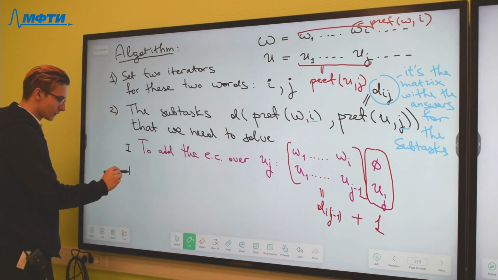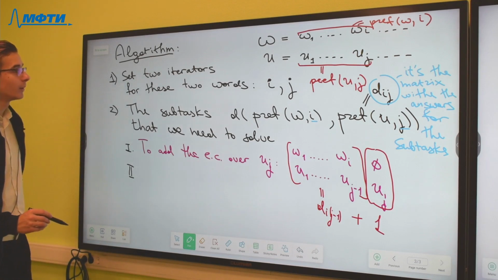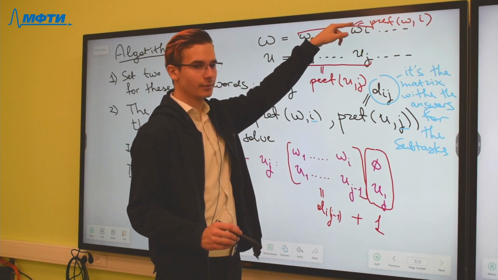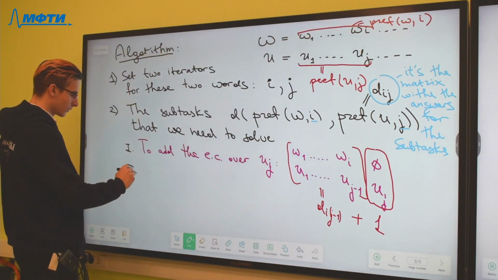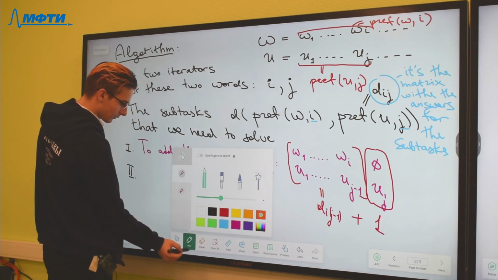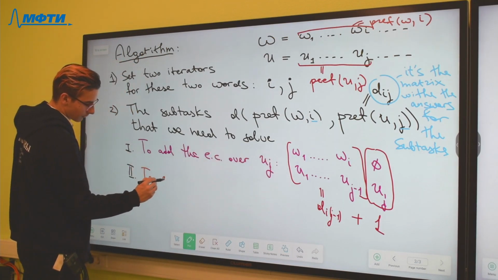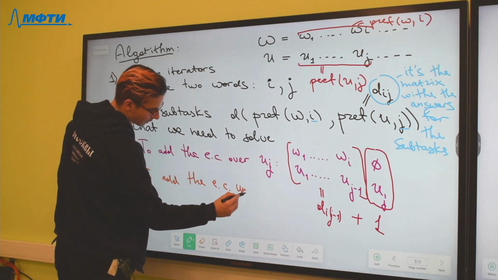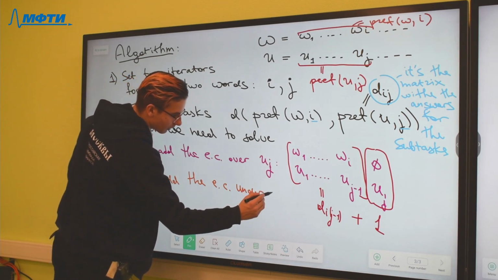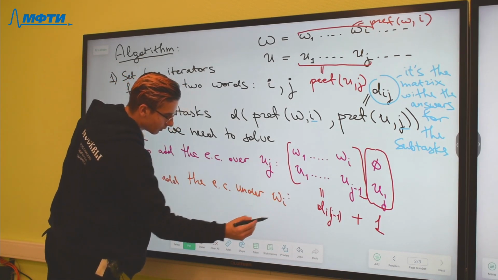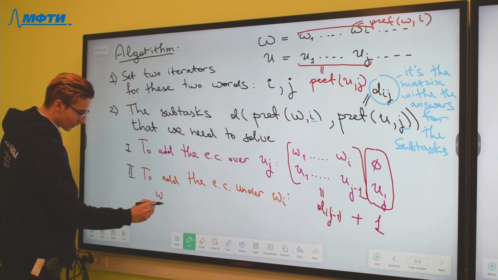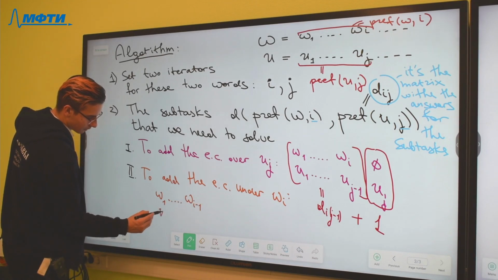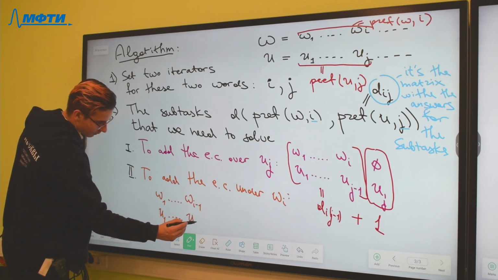The second case is when we add an empty character under the last character of W, so we can compare these two words.